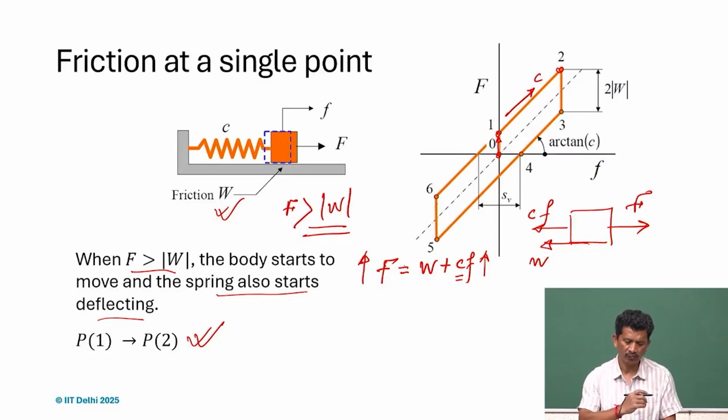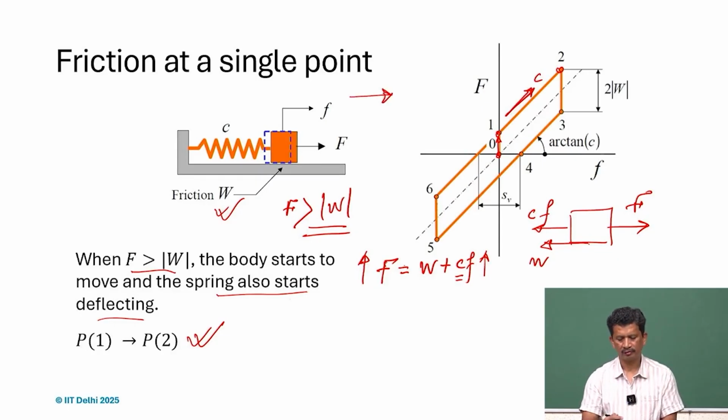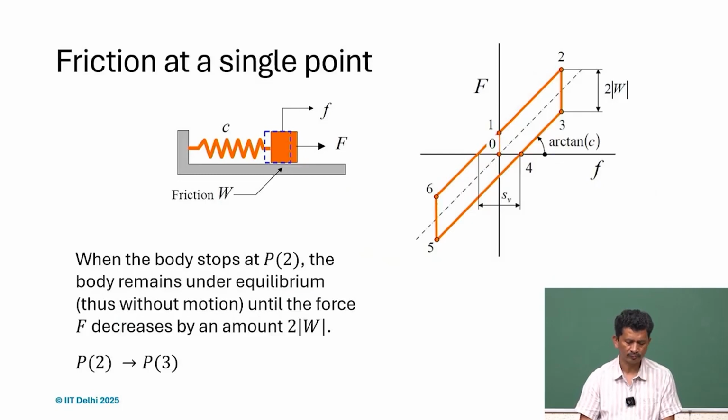As we keep moving, and suppose at 2 we want to stop, what will happen? As we are moving towards the right, this is what we get, 1 to 2. As we reach 2 and we want to reverse the motion, we want a reversal. But what happens at 2?